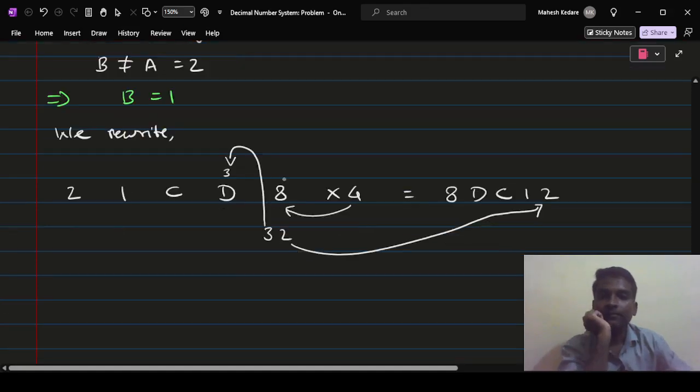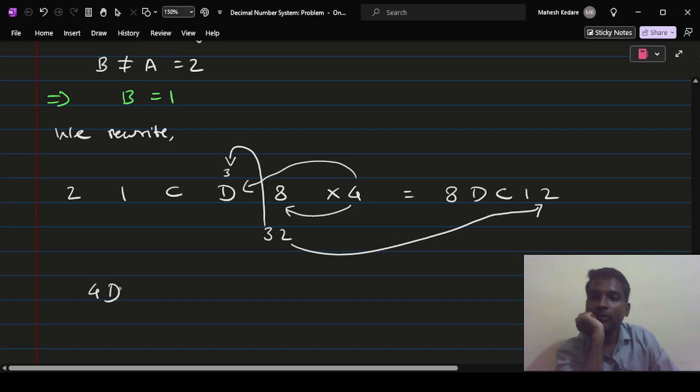And then we multiply 4 with D. This will give us 4D. And to this we add this carry, that is 3. 4D plus 3.